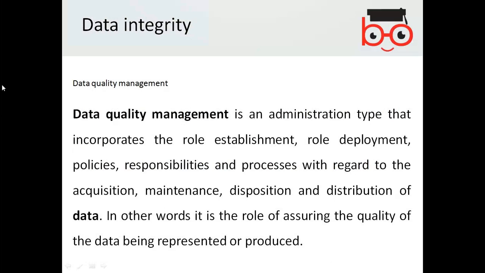Data quality management is an administration type that incorporates role establishment, role deployment, policies, responsibilities, and processes with regard to the acquisition, maintenance, disposition, and distribution of data. So when you are dealing with a database management system, you have to be careful about data quality.